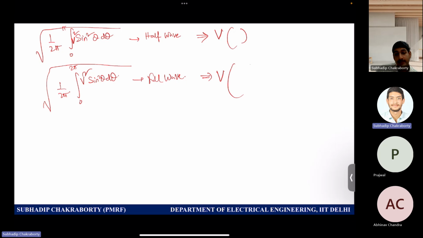But it will not be 1 by 2 for both the cases. So for one, it will be 1 by 2, and for one, it will be 1 by root 2. So for the half wave, it will be 1 by 2, but for the full wave, it will be 1 by root 2.